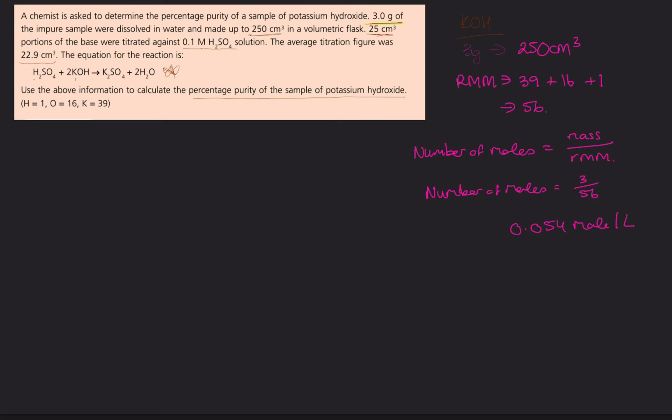Now, we didn't make it up into a litre, we actually made it up into 250. So a litre divided by 250 is 4, and it's going to be stronger because it's in a smaller amount of solvent. So it's going to be 4 times the strength, which would give you a molarity of about 0.21 moles.